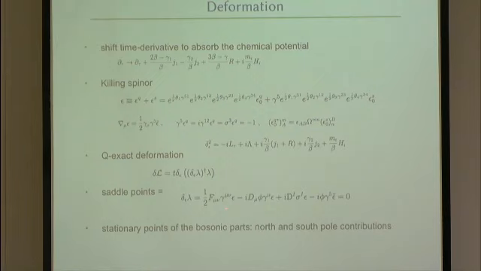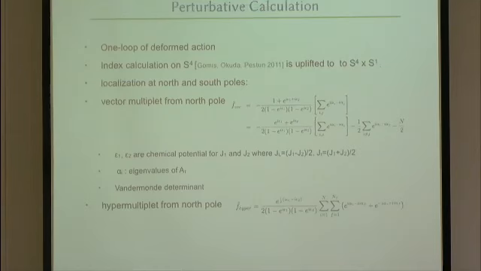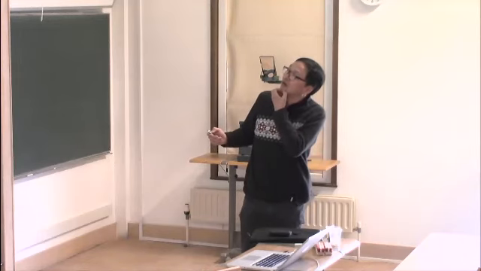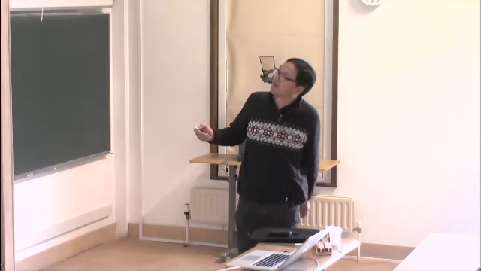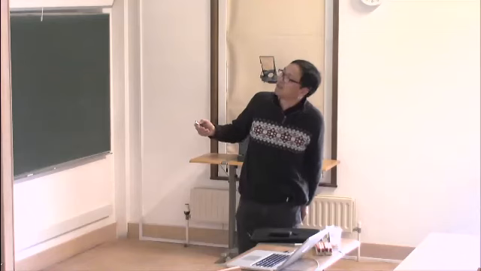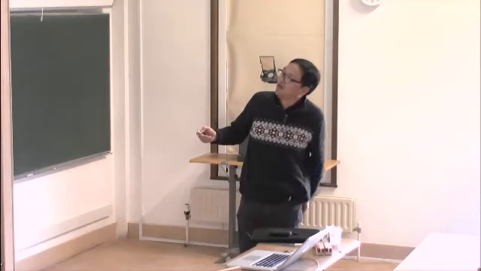Now, in the large T limit, the main contribution comes from the kinetic energy because in the quadratic part you can absorb the T. That's why you have one contribution coming from the kinetic energy. So you have this perturbative contribution from the quadratic part of the Q-deformed Lagrangian. The south pole just flips the chemical potentials and gives you the same thing, so we get a factor of 2.